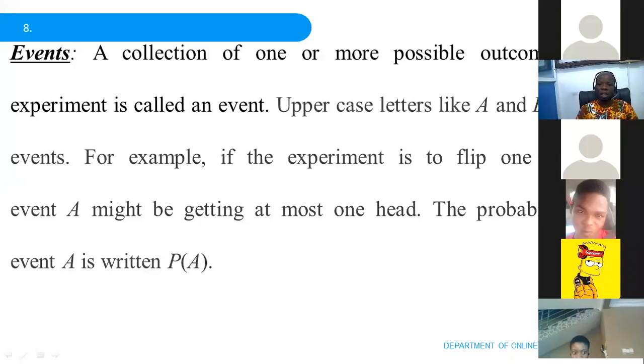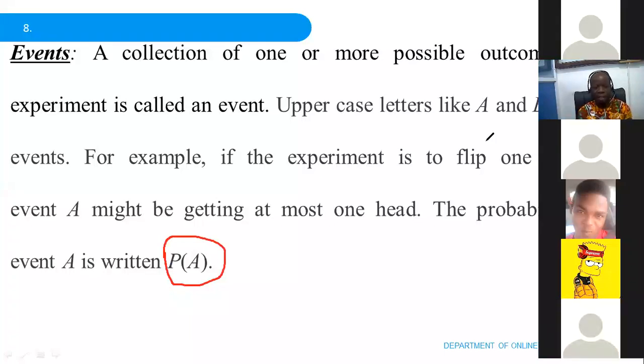So this expression means the probability of an event A. If the event is B, then in place of the A you put B. If the event is D, then in place of the A you put D. So this is how to write the probability of an event A.